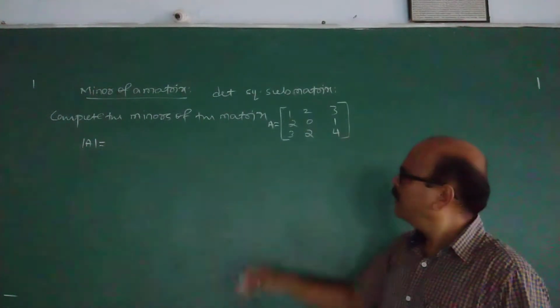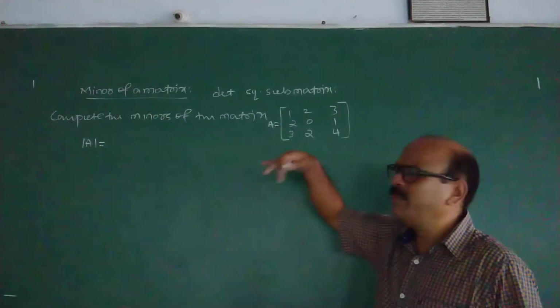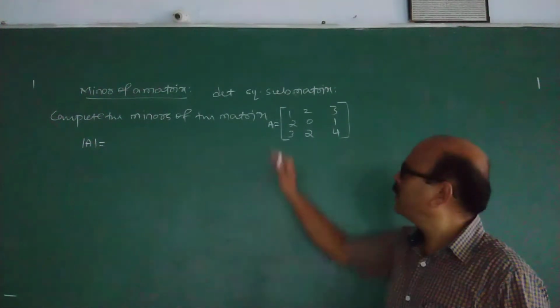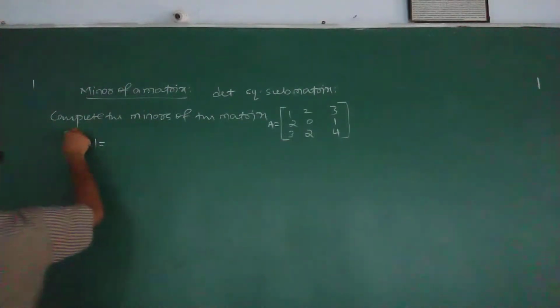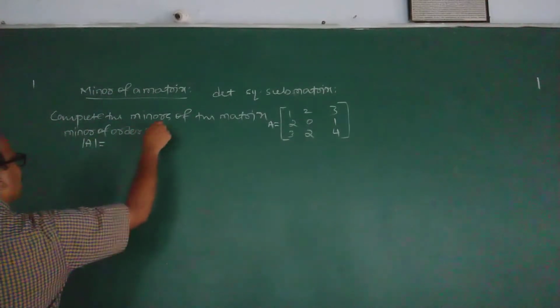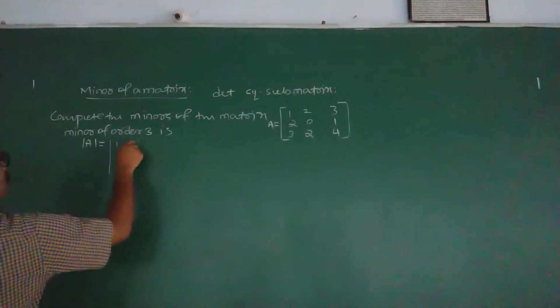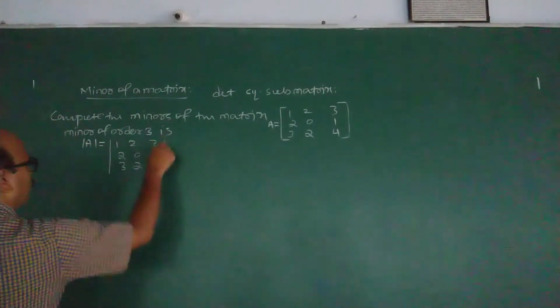Understand that one? Now, first minor is here, determinant A itself, it is the minor of order 3. Minor of order 3 is determinant 1 2 3, 2 0 1, 3 2 4.